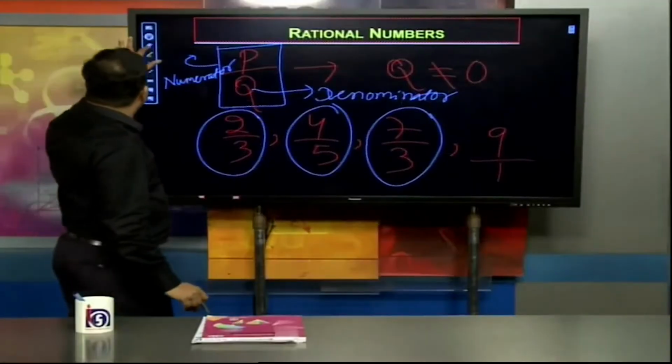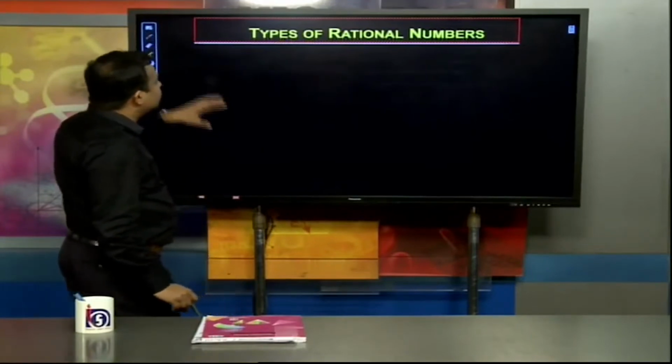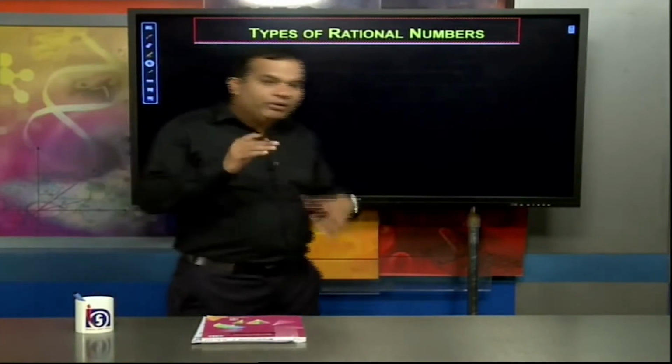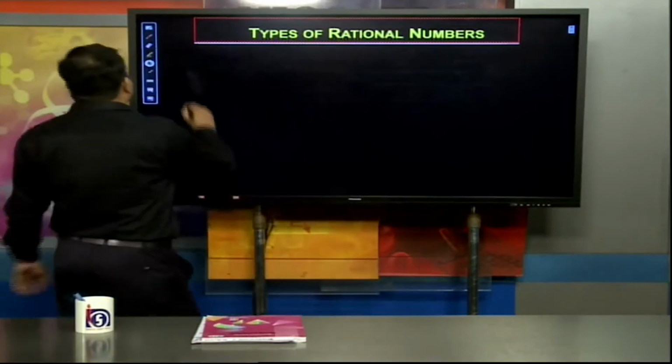Now we move to a very important thing: types of rational number. There are basically two types. The first category is the positive rational number.